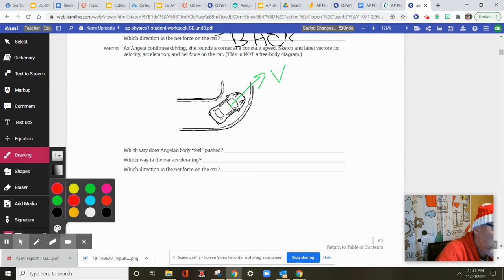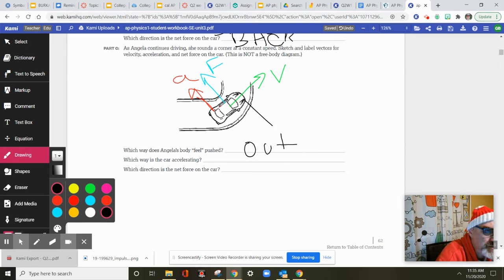When you're going in a curve, you experience this inward force called centripetal force, caused by centripetal acceleration. So it looks like that. She feels pushed towards the outside, this way. The car's accelerating toward the center of the circle, and the net force is toward the center of the circle.